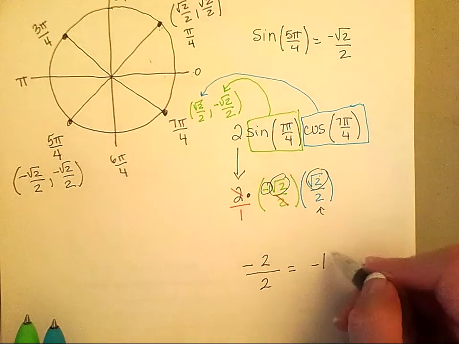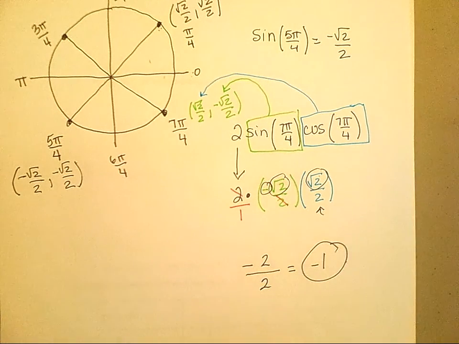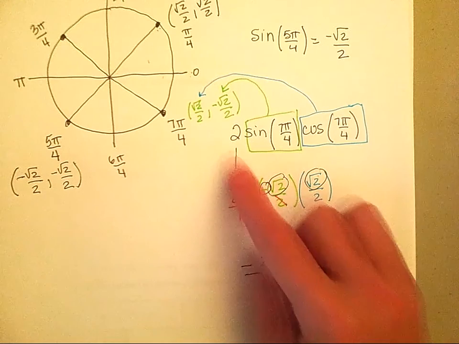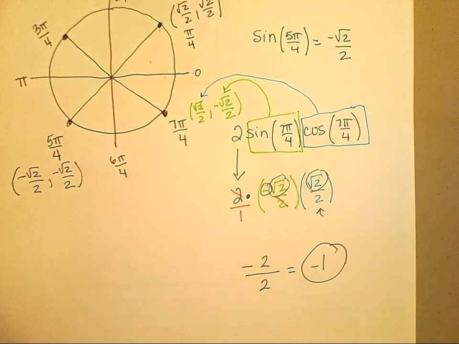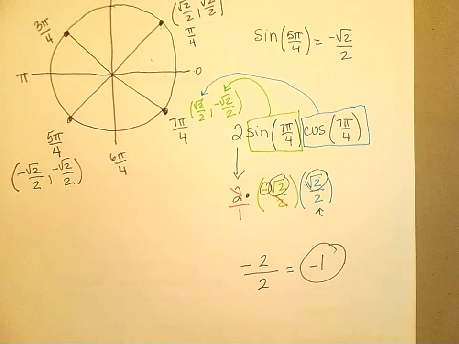So we get negative 1. So that's how you attack these type of problems. Understand that it's multiplication, and do your simplifying. Now there are other angles that will be very easy for us to look at.